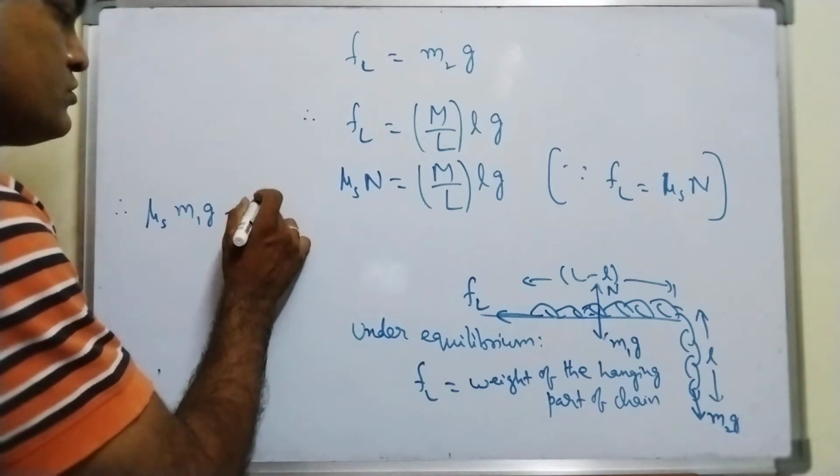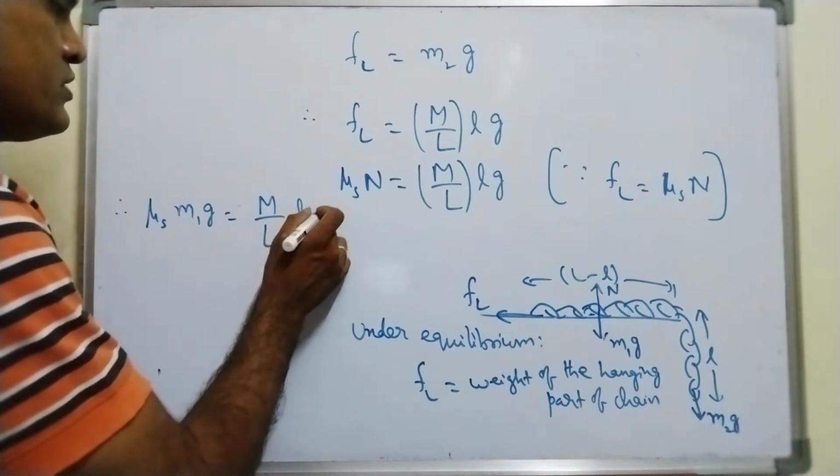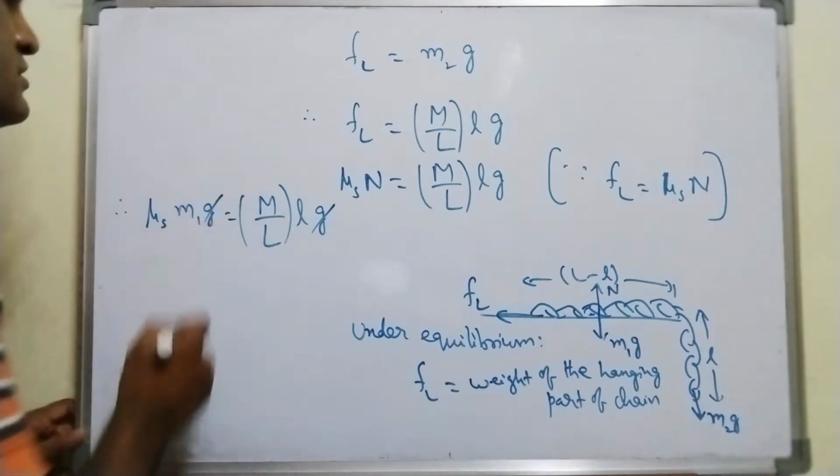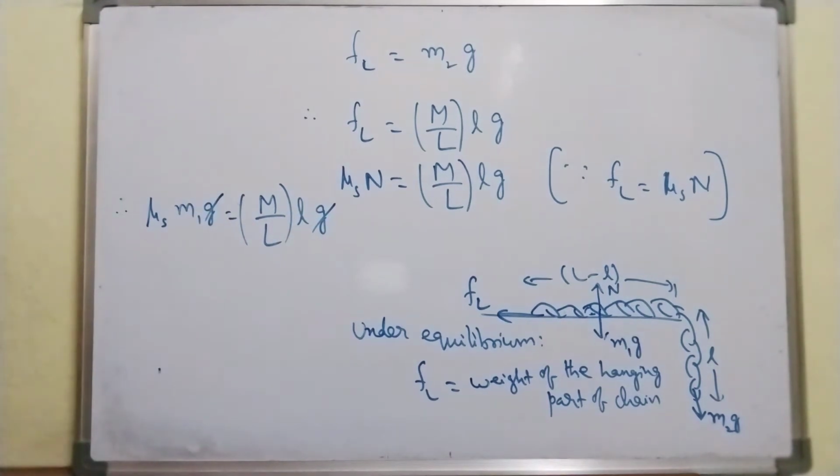Therefore mu s into M1g is equal to M by L into l into g. Is it not? Now can I cancel g? Now what is remaining?